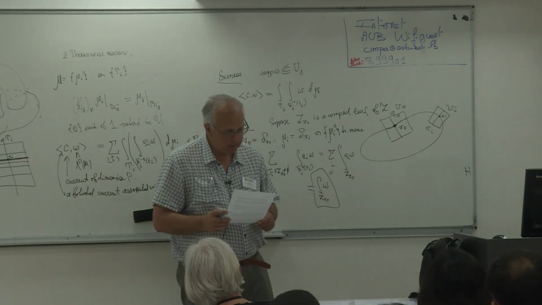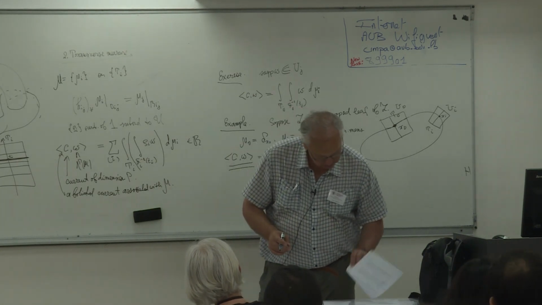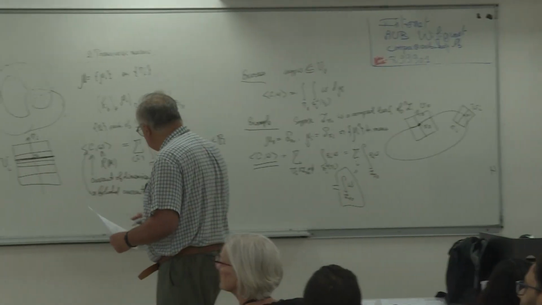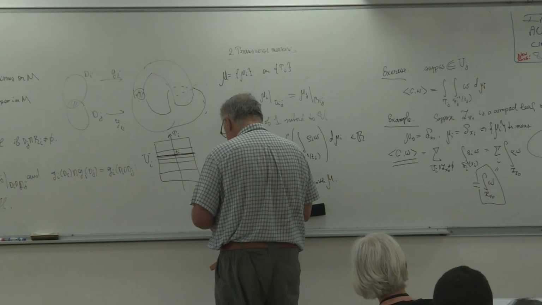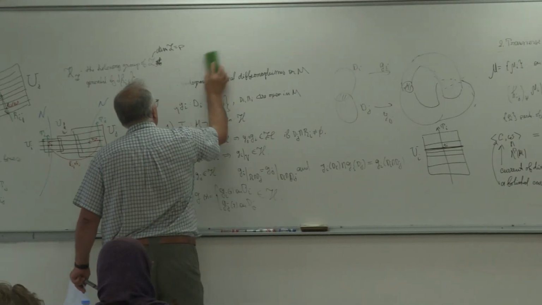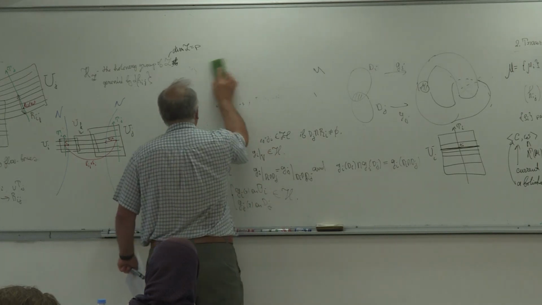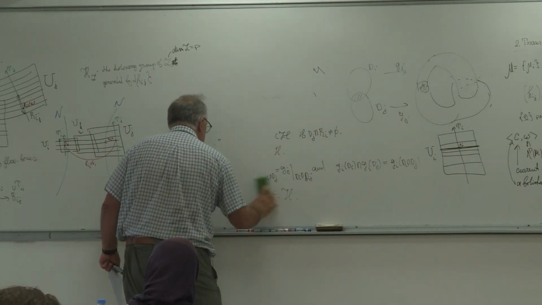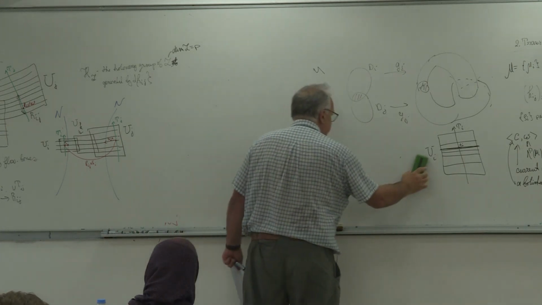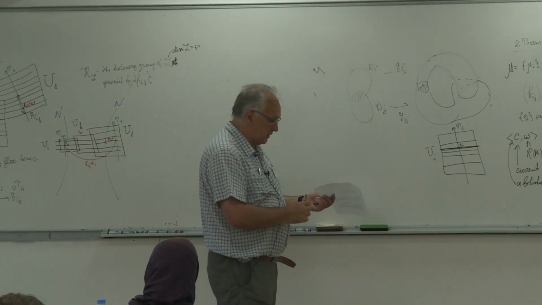And now there is an important statement. Using a transverse measure, we constructed a foliated current. In a second, we shall prove that this current is closed.